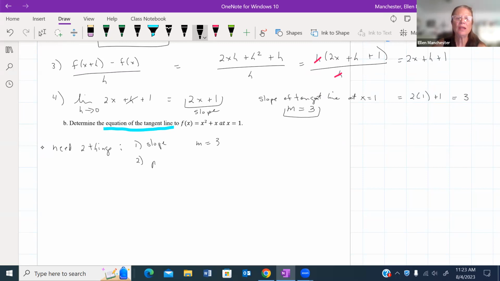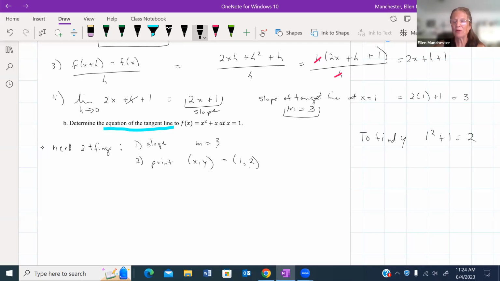And you need a point. You need an x and a y. Well, we have an x. We know what x is. X is 1. So all we have to do is figure out what the y is. To find y, you just do 1 squared plus 1. So 1 squared is 1 plus 1 is 2. So when x is 1, y is 2.